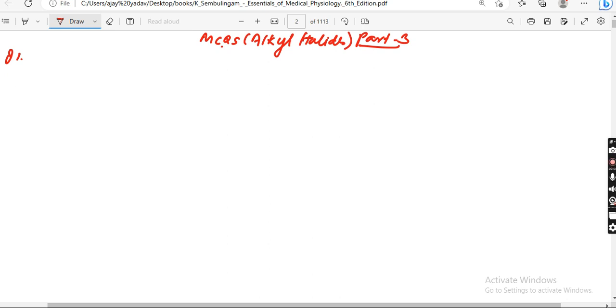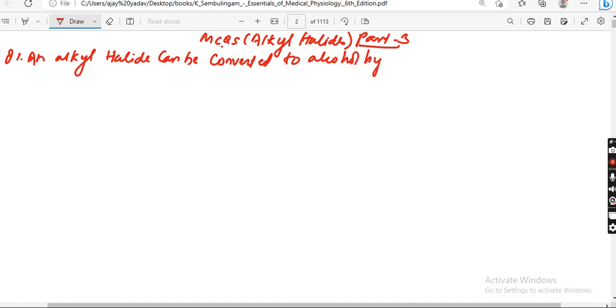Okay, so let us now understand question number 1. An alkyl halide can be converted to alcohol, but by which reaction? Option A is addition. Option B is elimination.